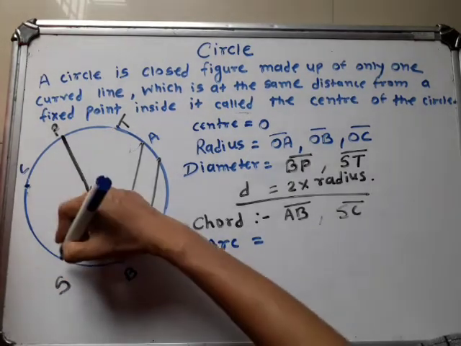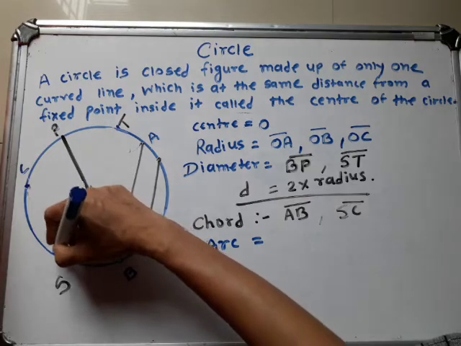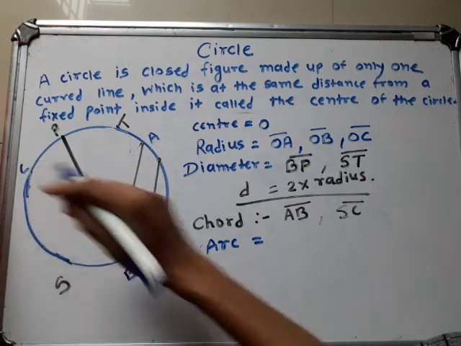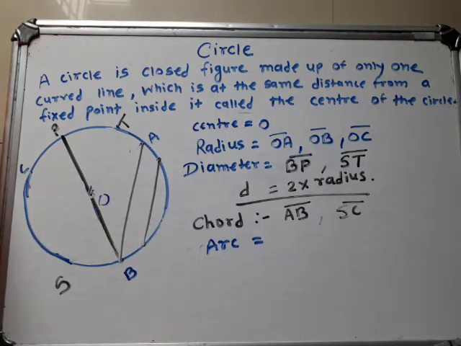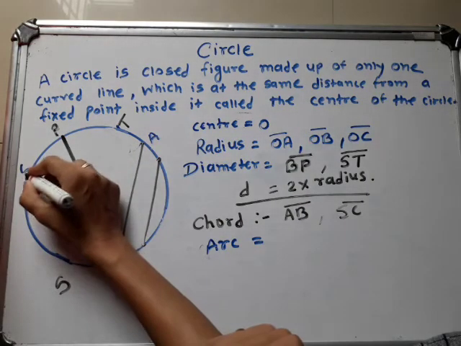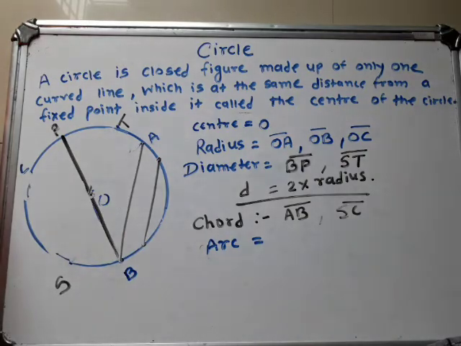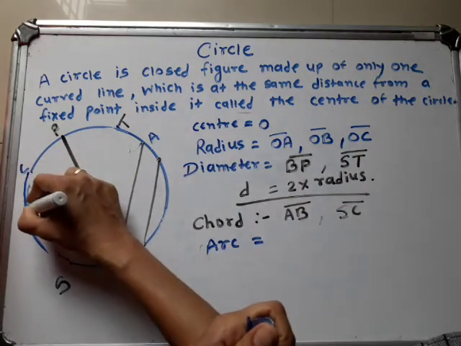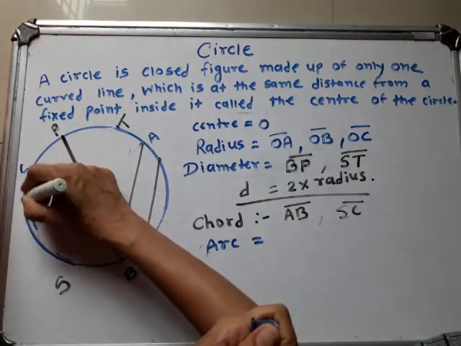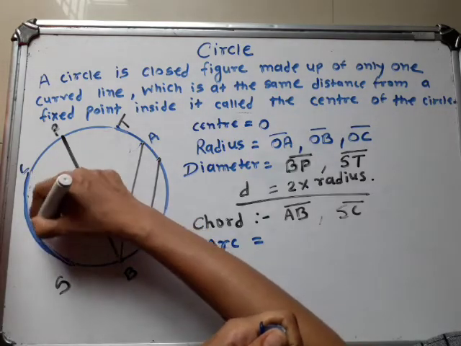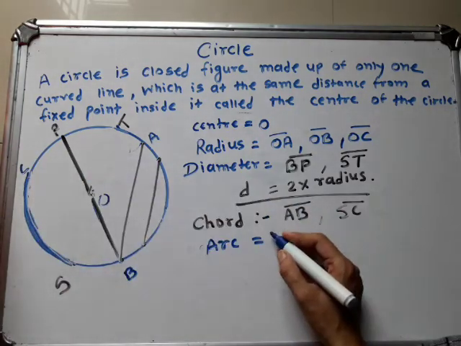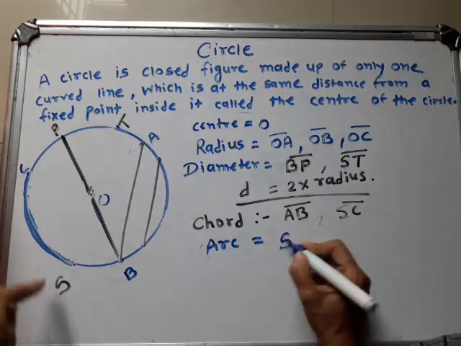These are two points S and C, and we join these points in this way, in a curve, with the help of a curved line. Joining these two points with the help of a curved line is called an arc. We write here arc SC.